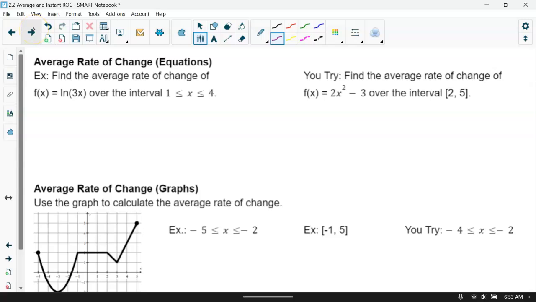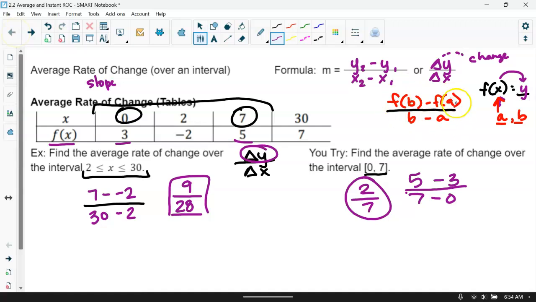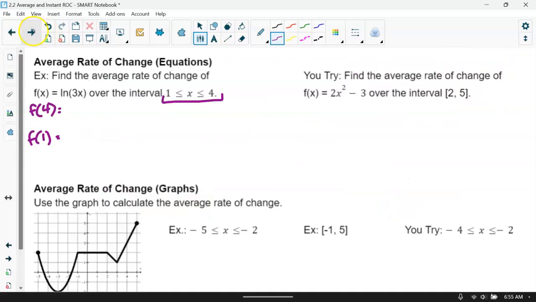Now here, we're making sure that we get our equations. We're given the x values, so we're going to need to substitute to get our y value, the f of x. Here, we need to find f of 4 and the value of f of 1. If we go back to the other format where we have our function, we need to substitute f of b minus f of a, that's your change in y.